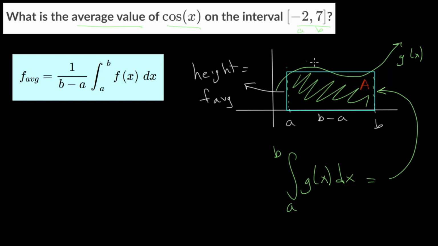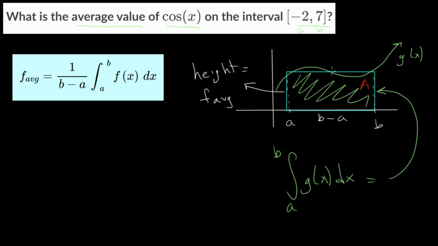It's the average function value along this interval here. Now, I won't rigorously prove this, but just to summarize, the general idea is that the integral from a to b of our function g of x gives the area underneath that curve, and we can call that A. But it's possible to construct a rectangle that has that same area A, where the base of the rectangle is b minus a, and its height is the average function value along this interval.